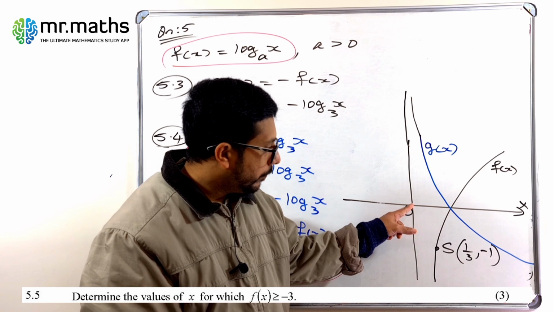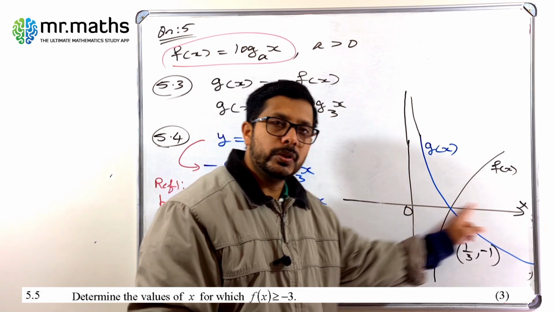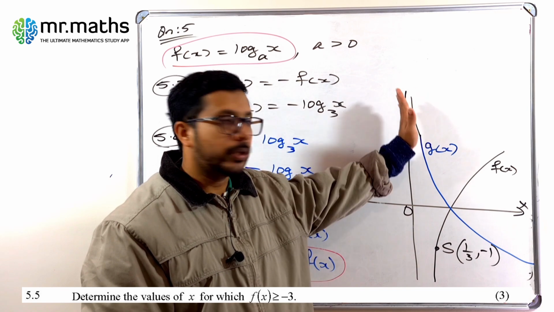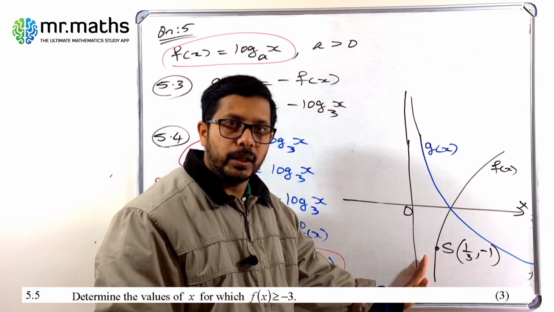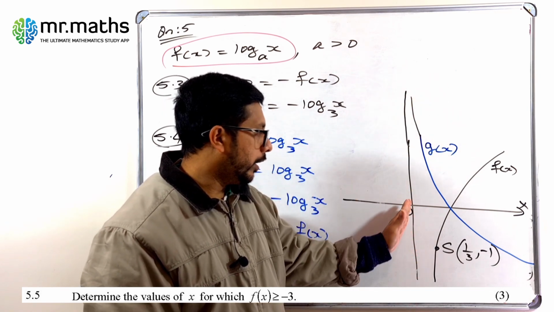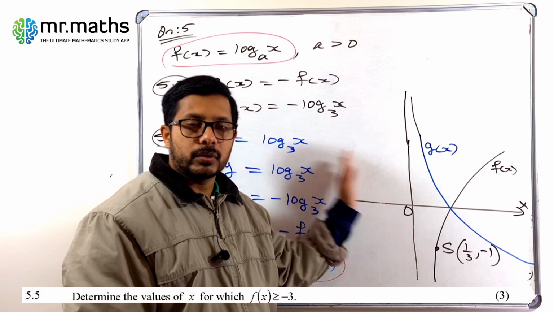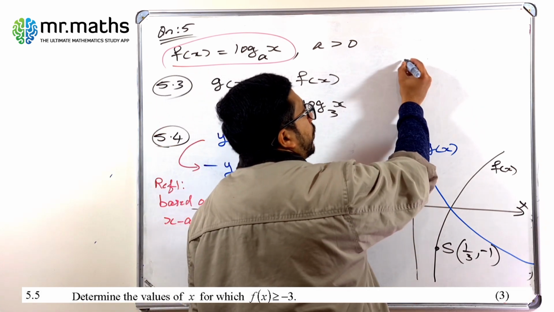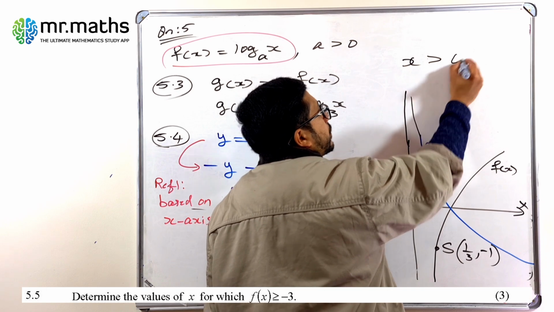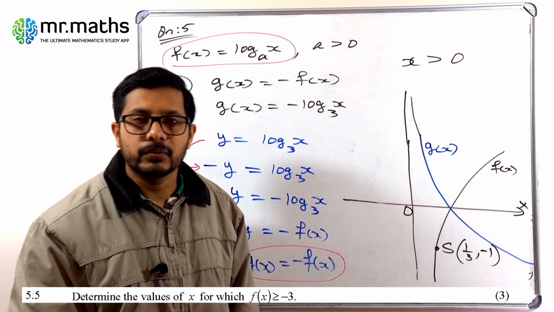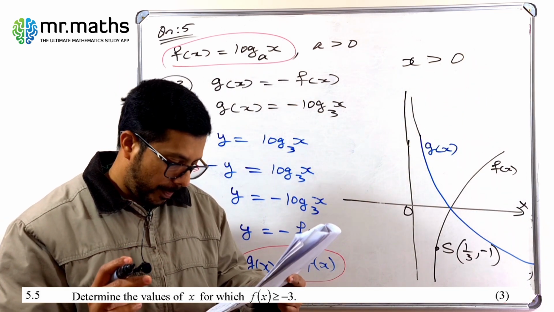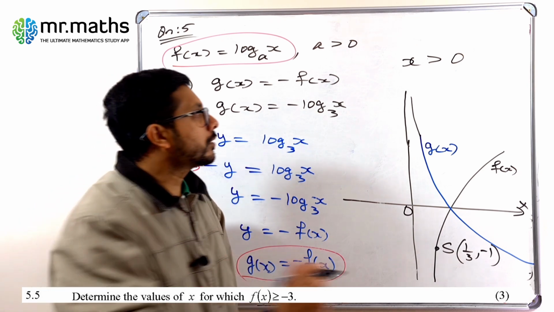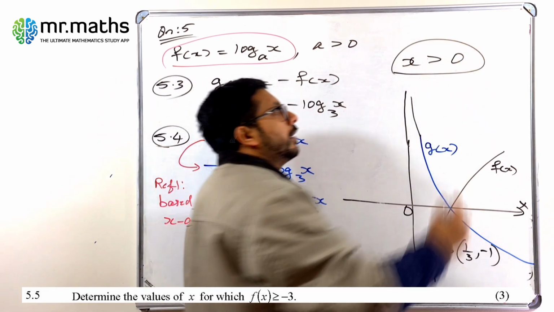So the value of x is only on the positive side. It can't touch 0 because this is an asymptote. It can never cross that y-axis. So the domain of g of x is x greater than 0. How many marks? 1 mark. So the answer is only x is greater than 0.